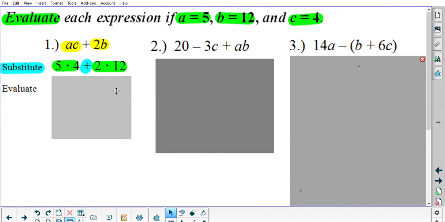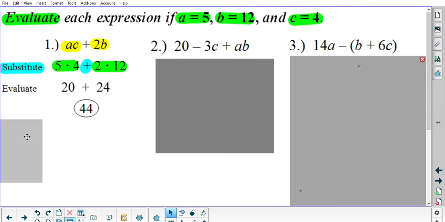So 5 times 4 is 20. 2 times 12 is 24. And notice we saved the addition for last because order of operations tells you that you should do addition or subtraction last. 20 plus 24 gives you 44, and that is the final answer. That is evaluating the expression, which means coming to a final answer for that expression.